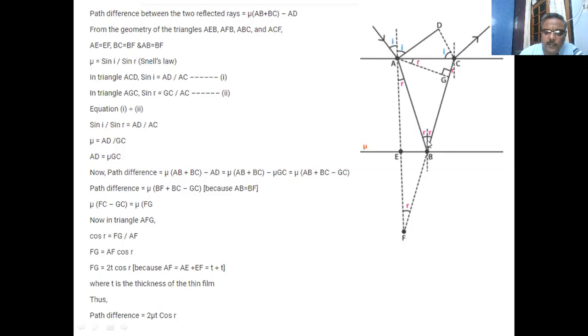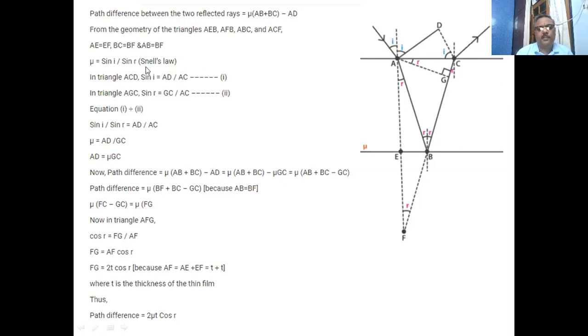It has traveled path AB and path BC. So the path traveled in the denser medium is AB plus BC multiplied by the index of refraction of the denser medium. The path traveled by the ray directly reflected from the first surface is AD. So the path difference will be equal to mu times (AB plus BC) minus AD.